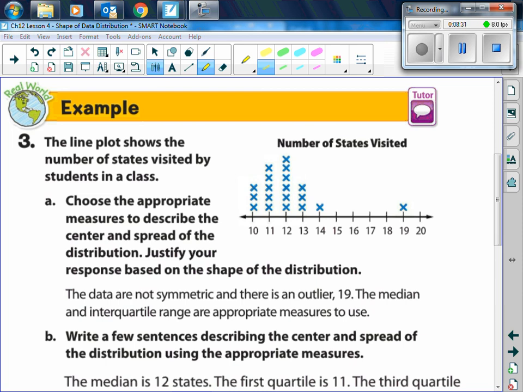So what am I going to use to describe the center? That's going to be the median. And what am I going to use to describe the variation? The interquartile range. Very good. So the data are not symmetric, and there is an outlier, 19. So the median and the interquartile range are appropriate measures to use.